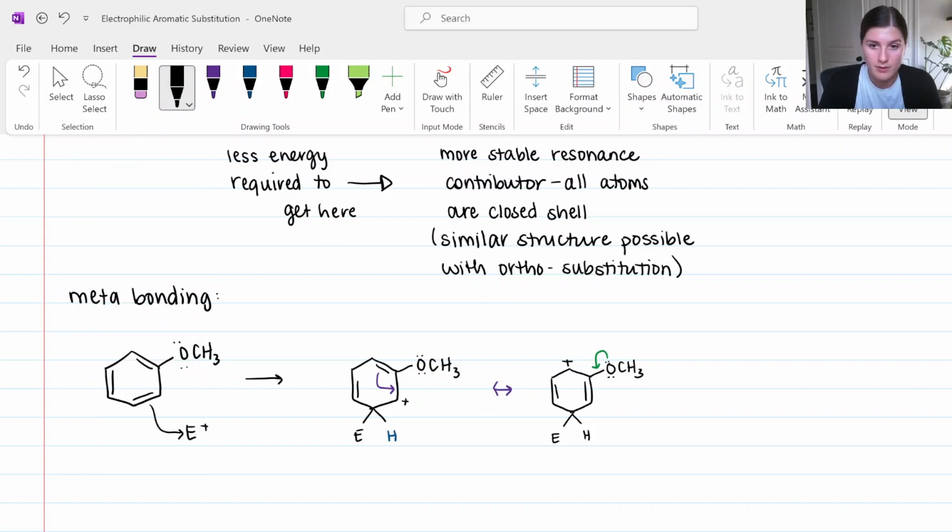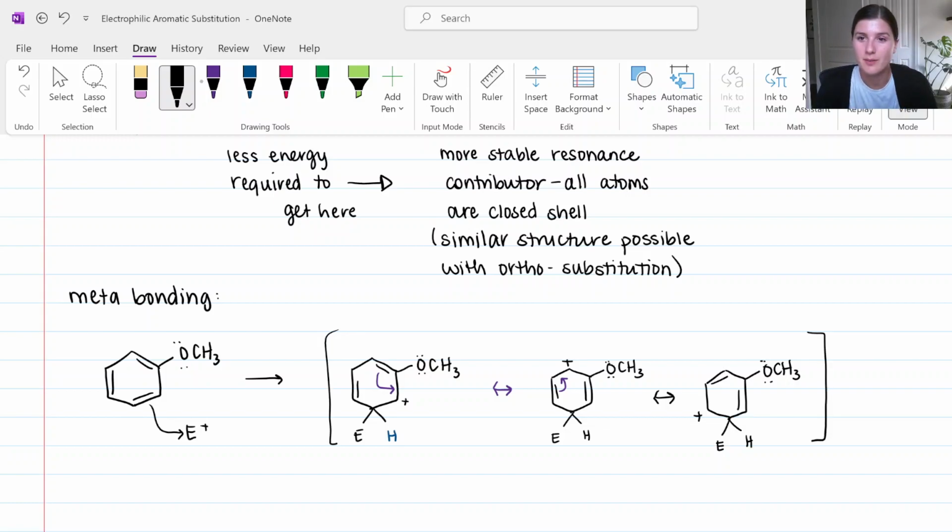And you could say the same thing for the first structure. So there's no way for those electrons to be donated into the ring. So really the only possibilities are kind of just shifting around where the carbocation is. Which is exactly what we drew when we first wrote out these reactions, where we're just working with plain benzene.